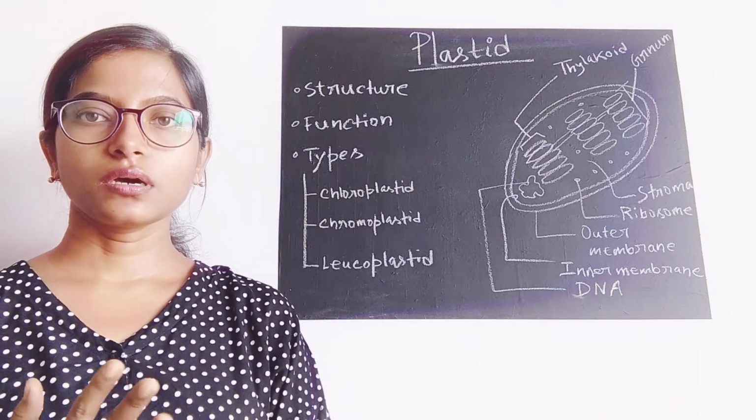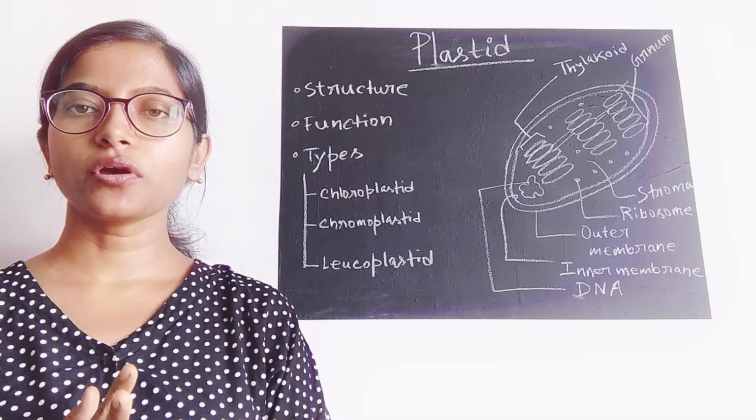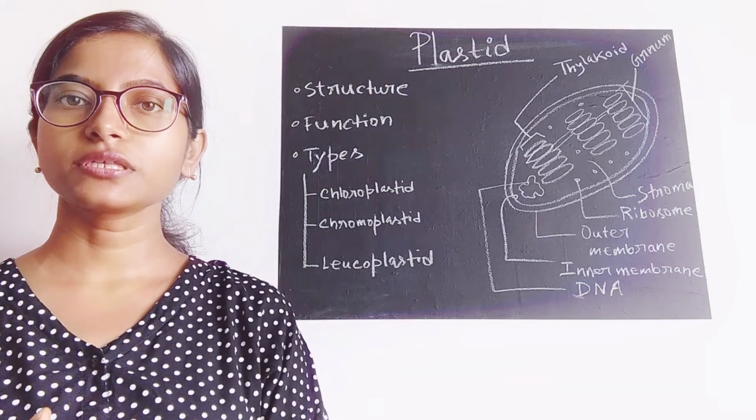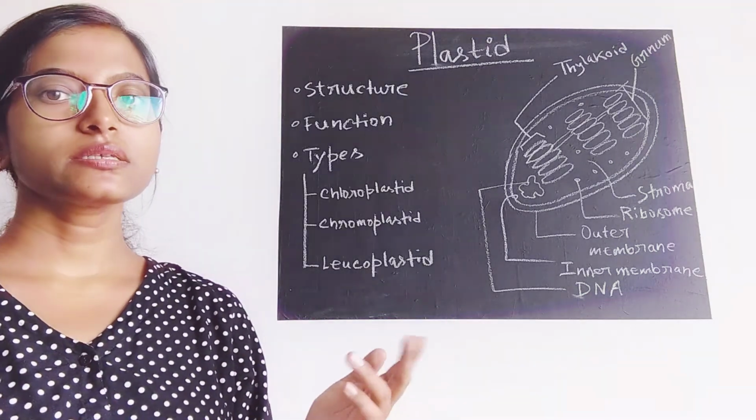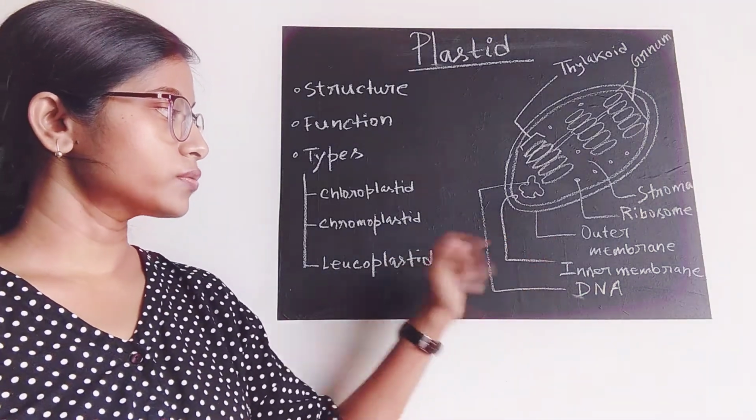There are other double membrane bound organelles in the cells as well, that is mitochondria, as well as plastid, which is also double membrane bound.